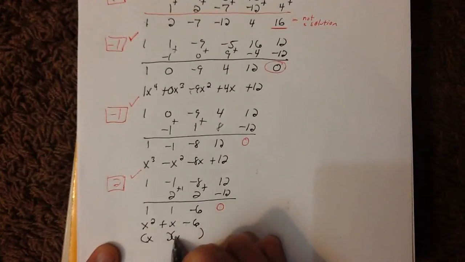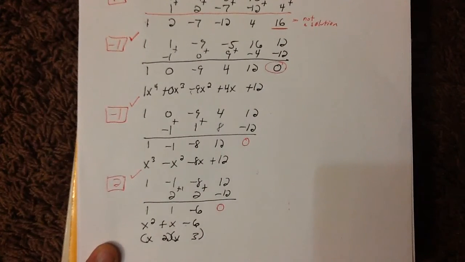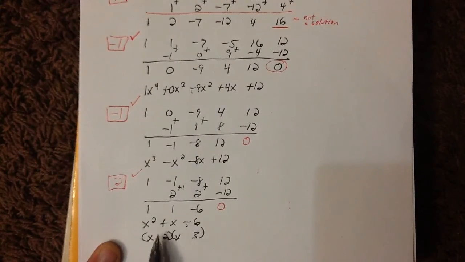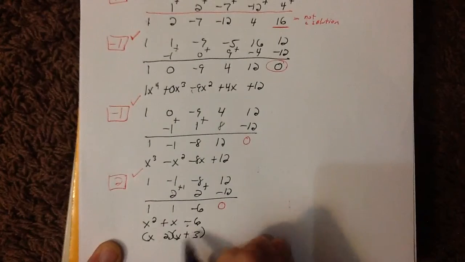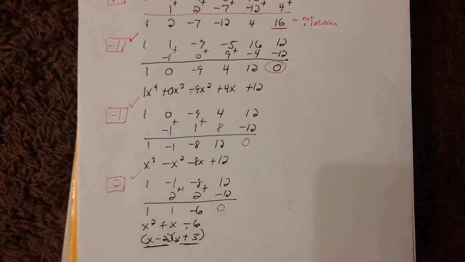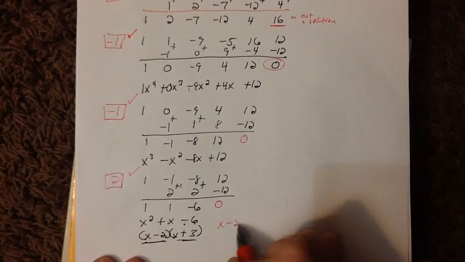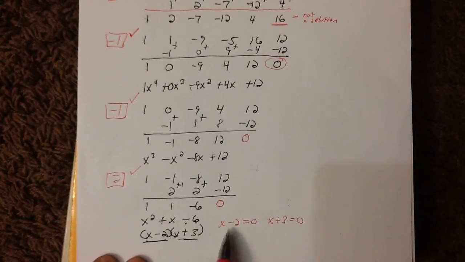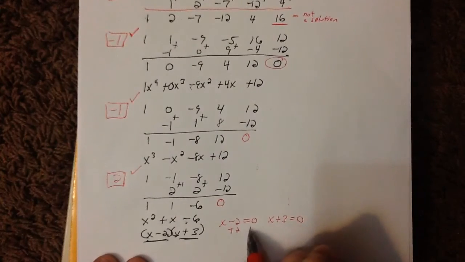So now I've got my x, 2, and 3. I know with the back sign being negative, the 2 answer signs have to be different. The bigger one will get whatever's in the middle, so I get a plus 3 and a minus 2. Now I just need to take each one of these guys, put them equal to 0, and solve. Again, once you get good at this, you don't have to keep writing this step out. This is a one-step equation.